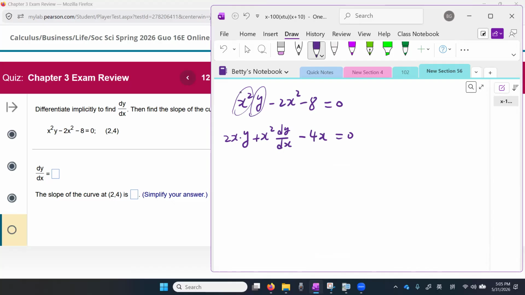Let me double check. So we have x squared dy dx equals 4x minus 2xy.